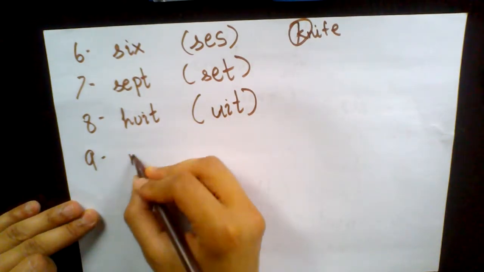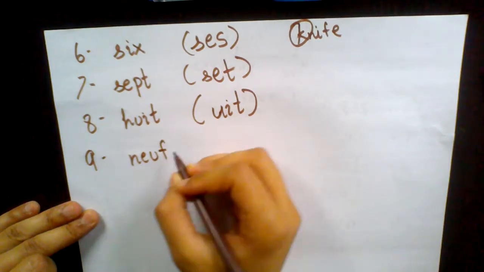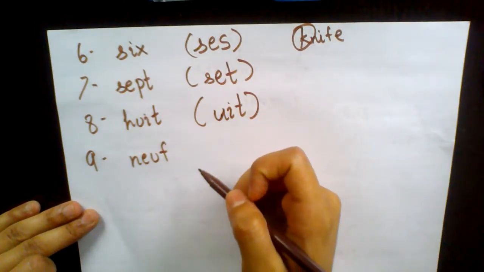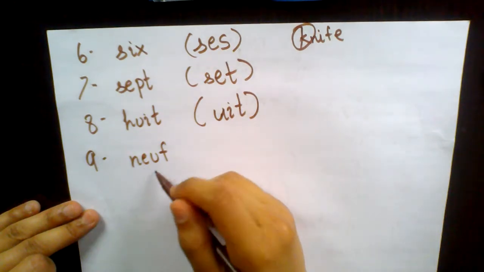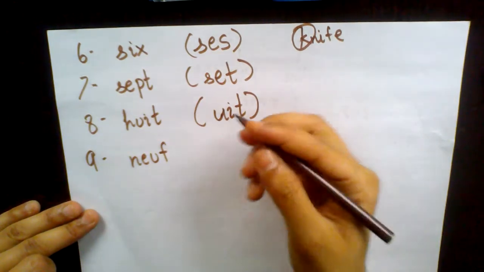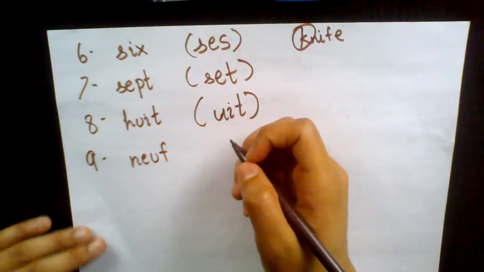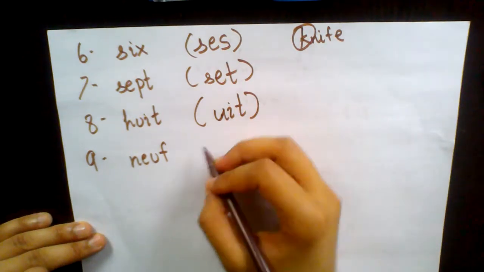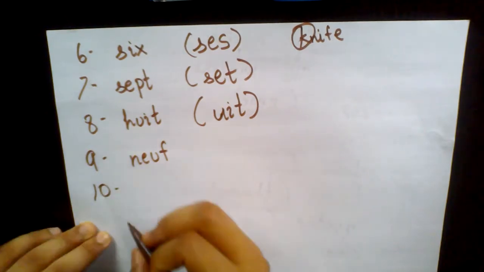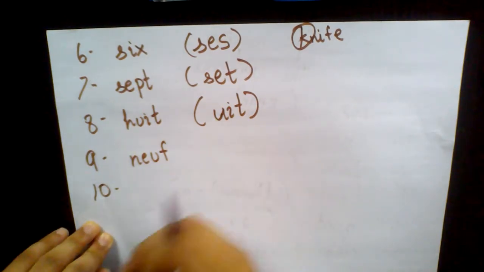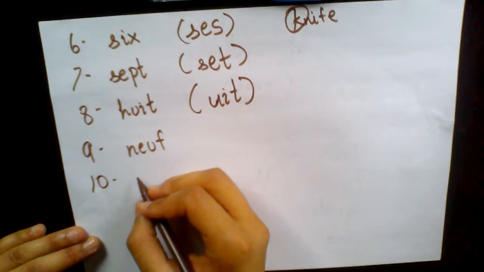Number 9, you have NEUF, pronounced as nef. So basically the U is not given that due importance, it becomes nef. Number 10, you have DIX.